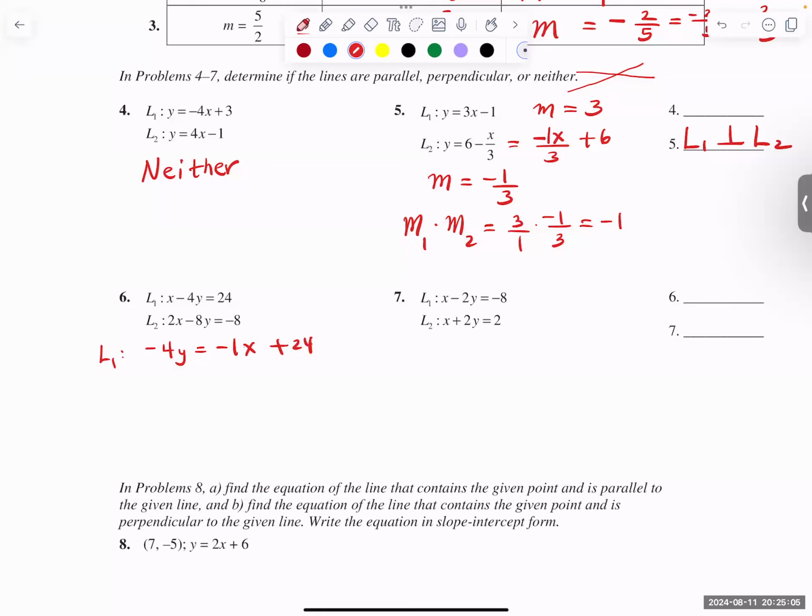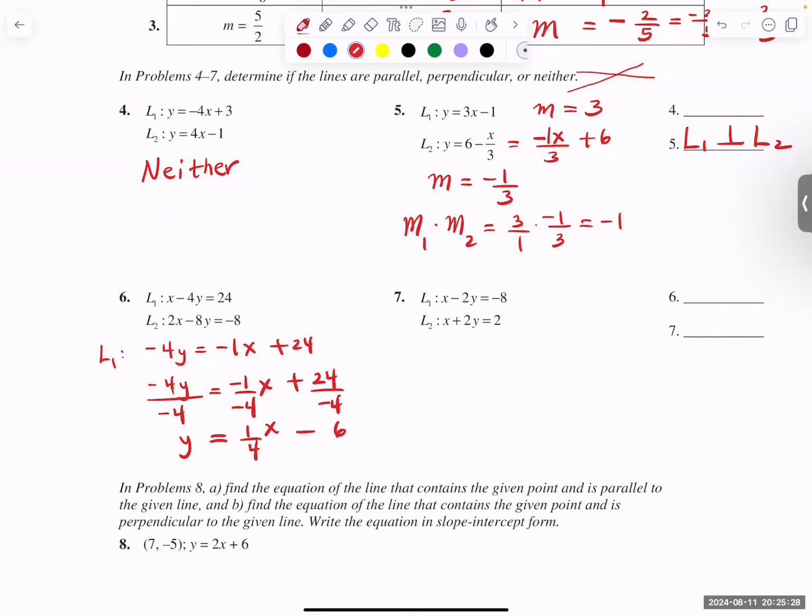And if we divide by negative 4 on both sides, then we have y equals positive 1/4 as the slope and coefficient of x minus 6.